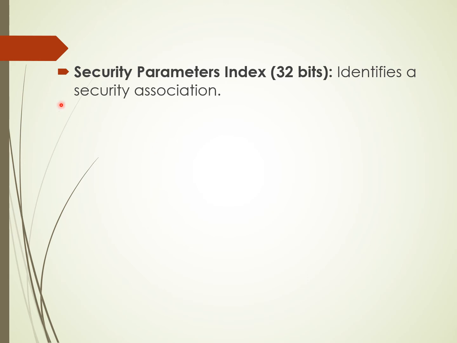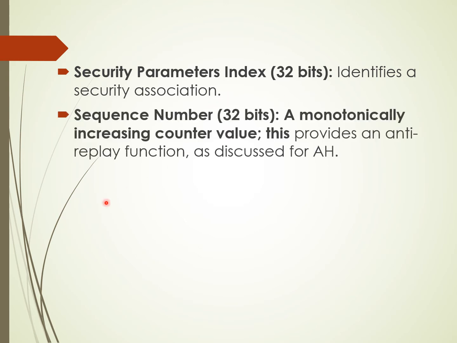Now let's talk about each parameter that we are using for ESP. Security parameter index identifies a security association. Many security associations can be established, and each security association has a unique number, represented by 32 bits.